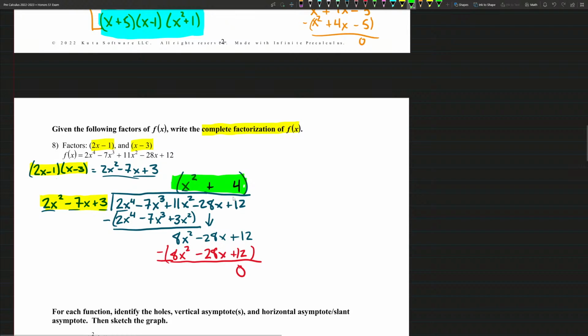Okay, so our kind of complete factorization, I'm going to hold off on calling it that for a second, is 2x minus 1, the factor that we're given, x minus 3, the factor that we're given, times x squared plus 4, the factor that we found. This x squared plus 4 can be split up. You could stop here if you wanted to, but if we really want to get the complete factorization, we would go a step further and solve this.